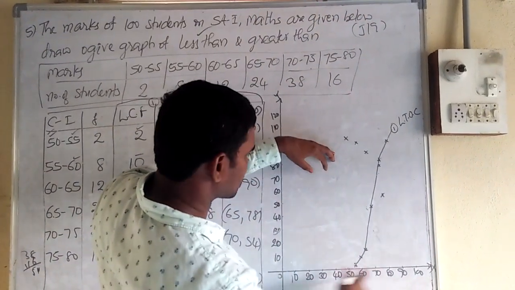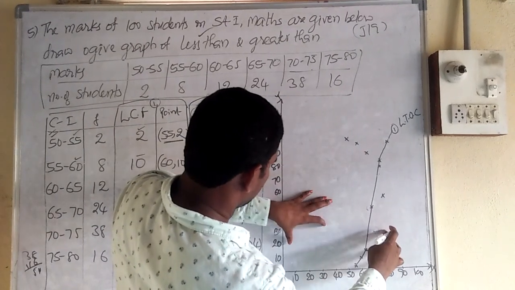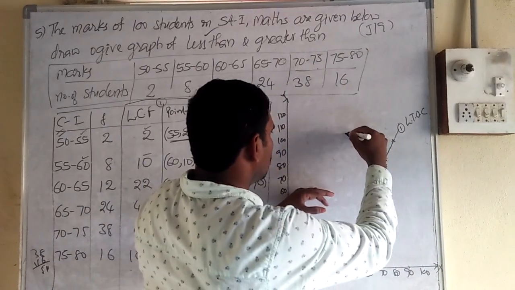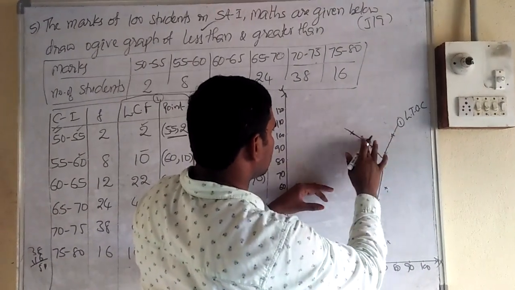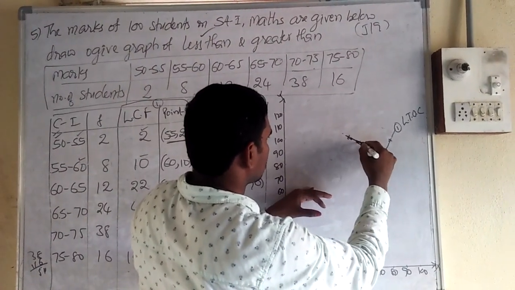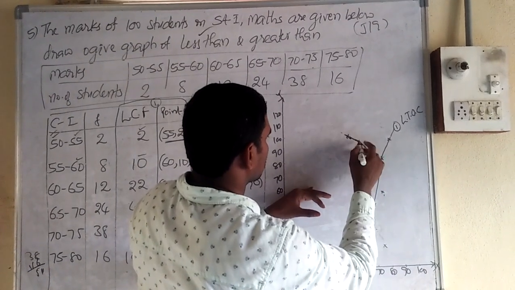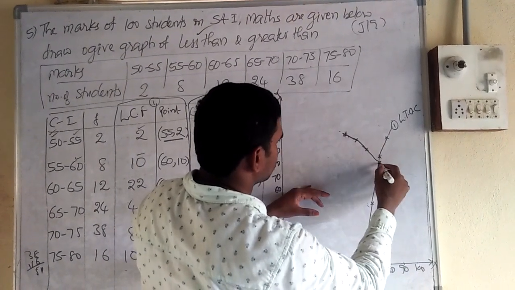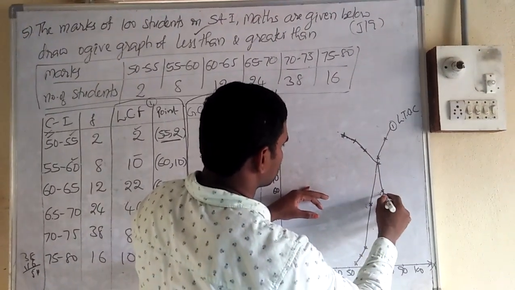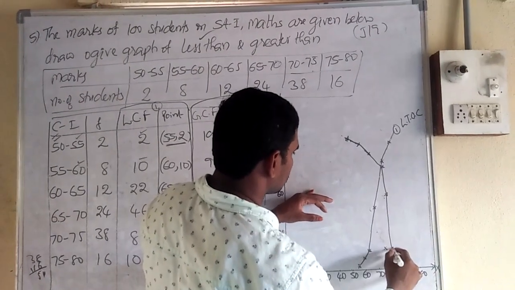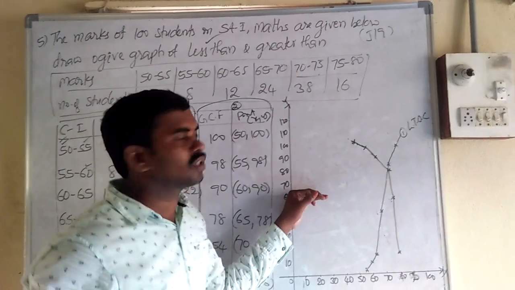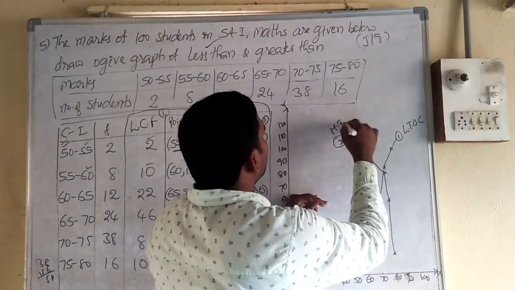Next 75, 16. So now join these points. The point is here, just small, 80 comma 0. Okay, so this is the second one, the more than type ogive curve.